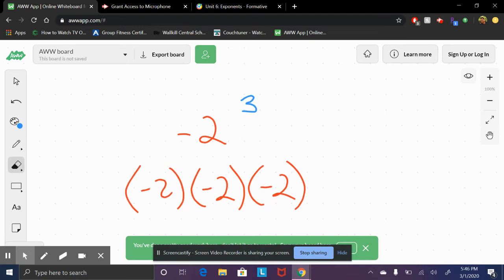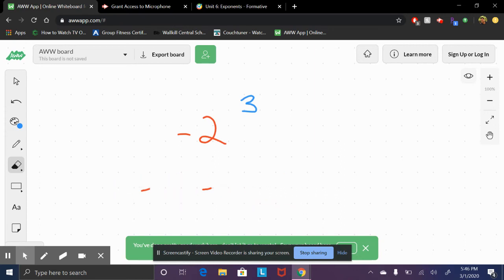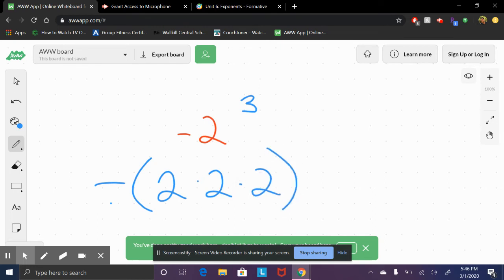Now that changes the dynamic of my exponent, because what it's really doing is saying you're finding first the negative of 2 times 2 times 2. So it takes the negative at the end, which is -8.